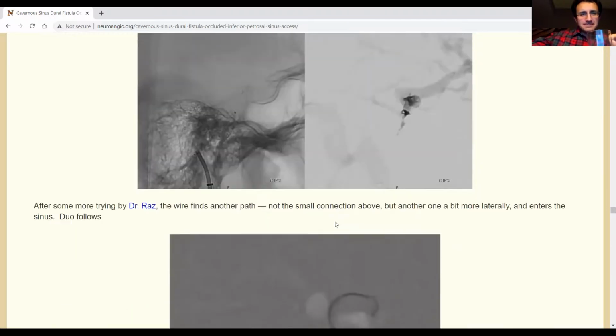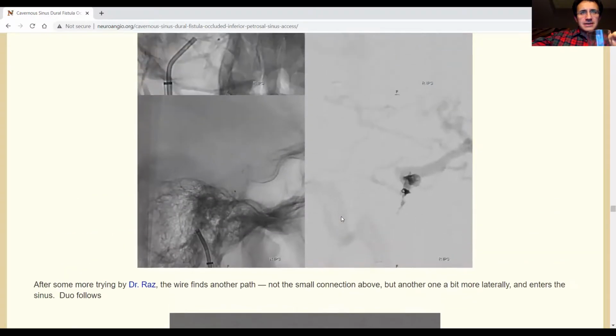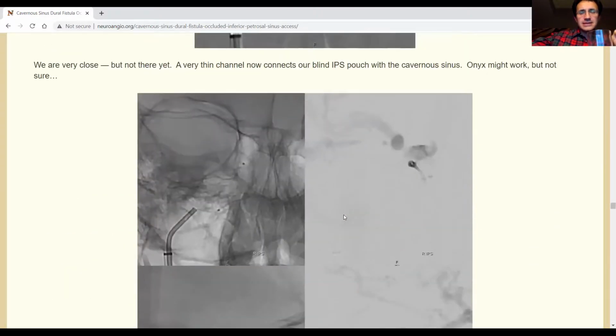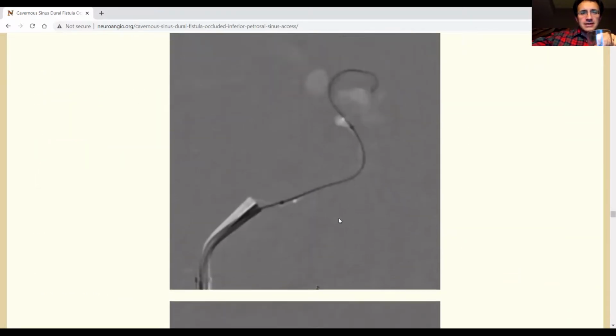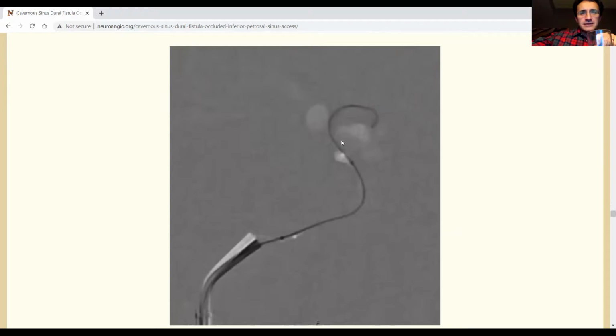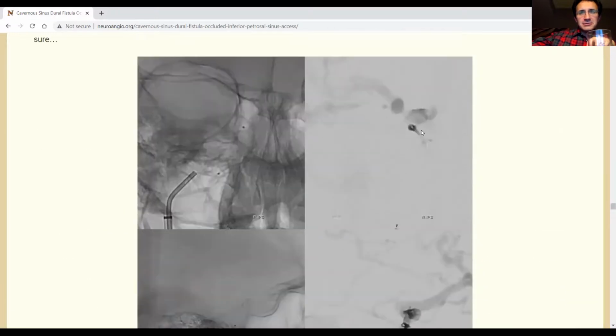So here, Eitan really decided that he was going to keep trying to get into the fistula pocket itself, and it worked really nicely. Right here, you see the wire going towards the pocket. Now, interestingly enough, it doesn't go through this channel.